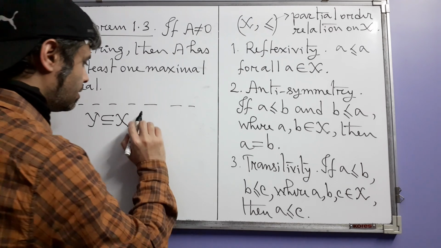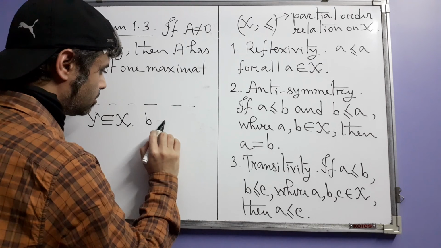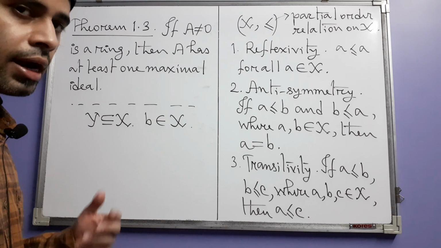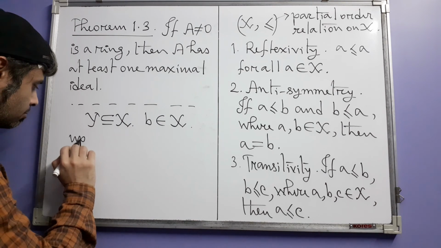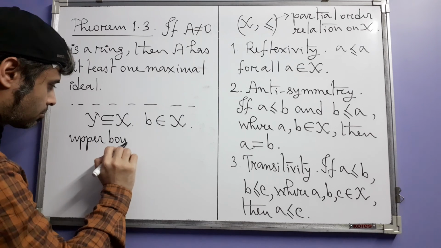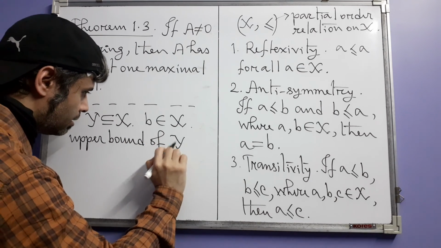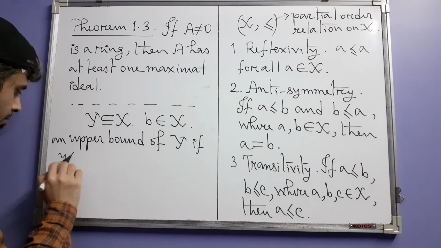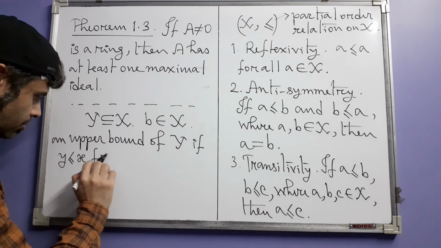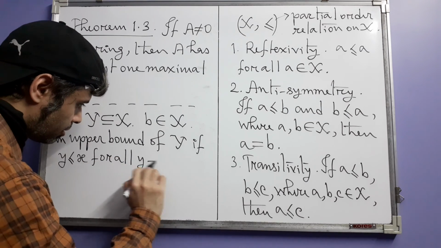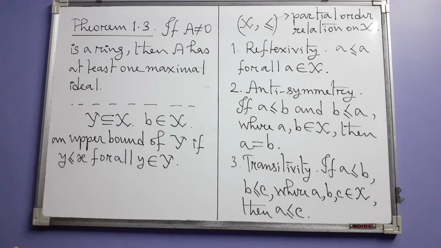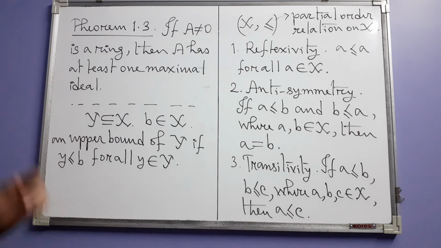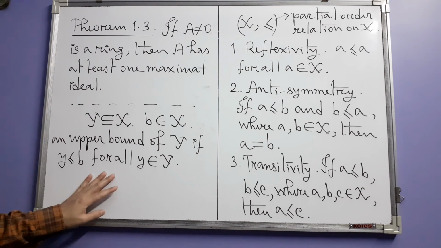Now, an element B of X is said to be an upper bound of Y if y is related to B for all y belonging to Y. Oh, sorry, B. Yeah, sorry about that, B. Or you can write X also, whatever you want.